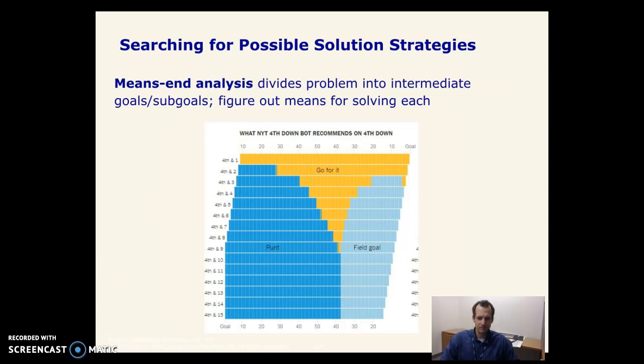So with a means-ends analysis, you include those factors. Some of the factors they talk about is that a punt is a turnover, and that has an effect on the outcome. It's not just will they score on that next possession, but also looking at it being a turnover, and you can look at that and move it back further and try to solve your problem by using a means-ends analysis.